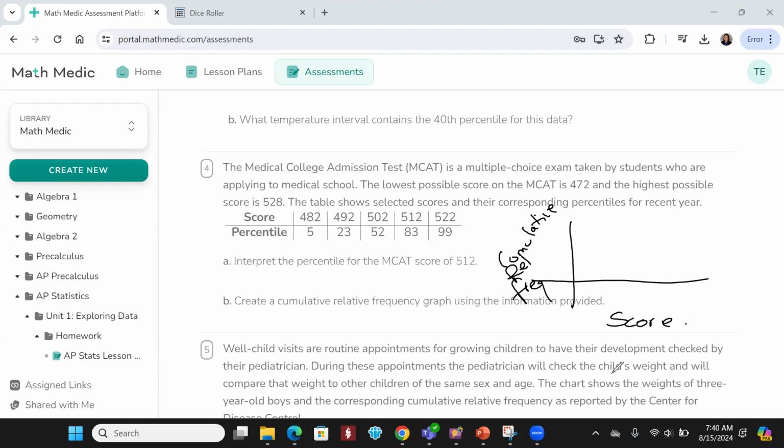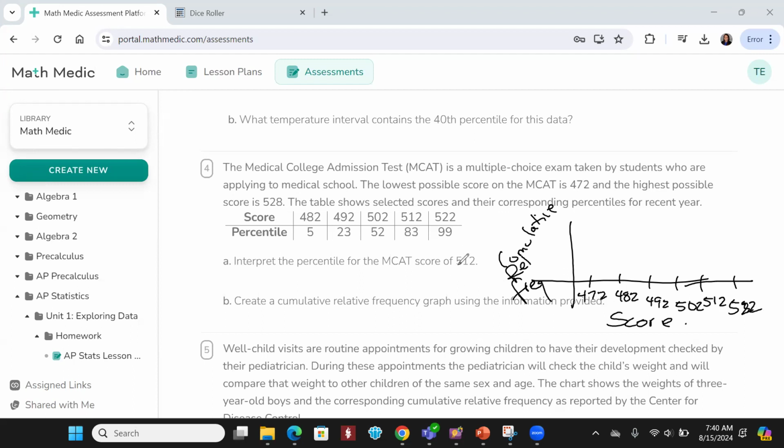Okay, and so we've got 472, and we're gonna go up by increments of 10. 482, 492, 502, 512, 522. And I think that gets all of them.